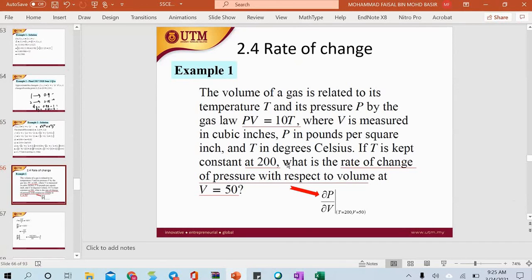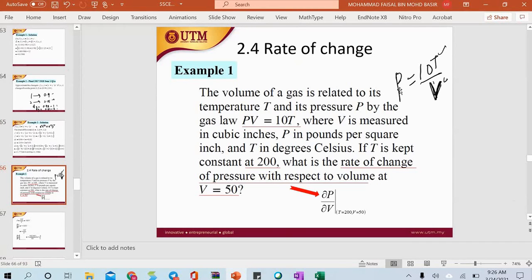If T is kept constant at 100, the rate of change of pressure: so pressure will be 10 T over V. They give you the T and V. They ask you to find the rate of change of pressure with respect to volume at V equals 50.